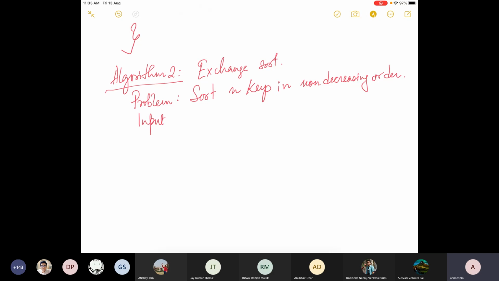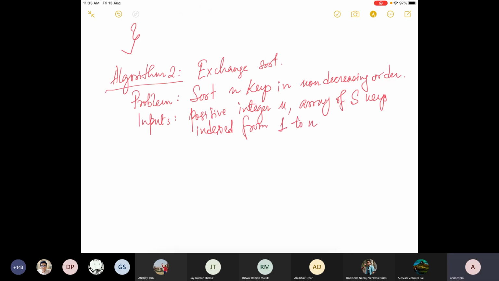Input: positive integer n, array of keys S indexed from 1 to n.